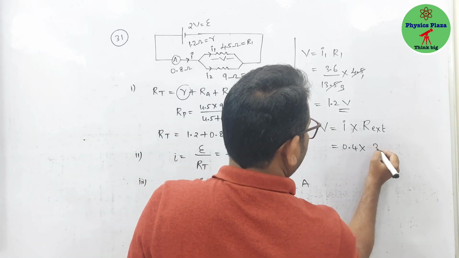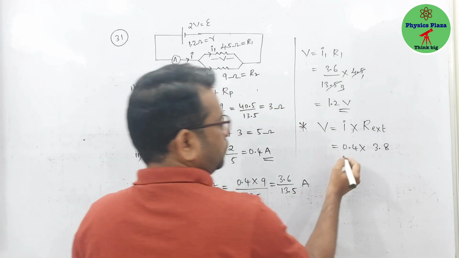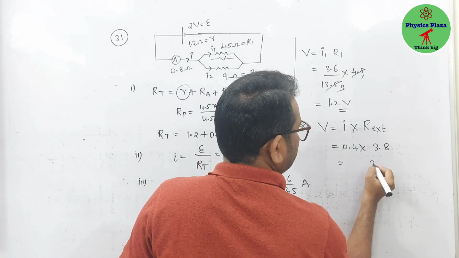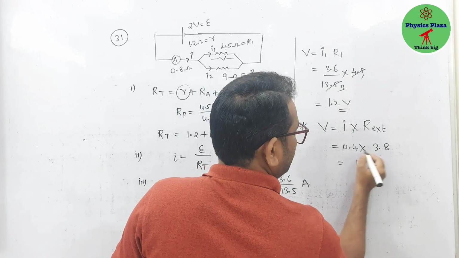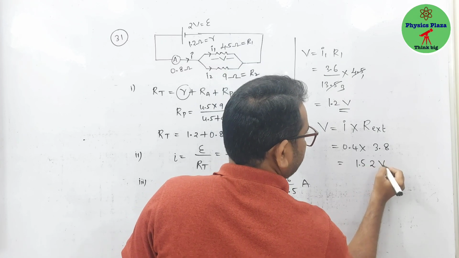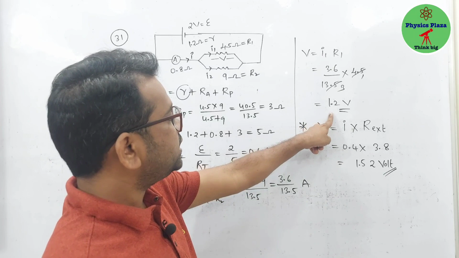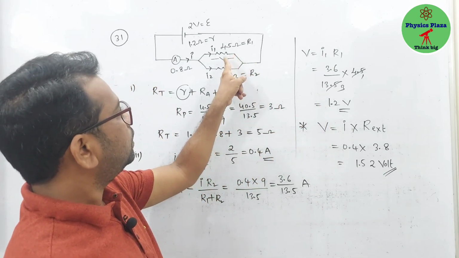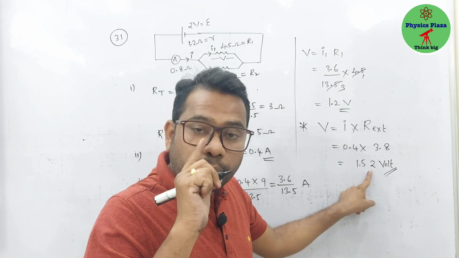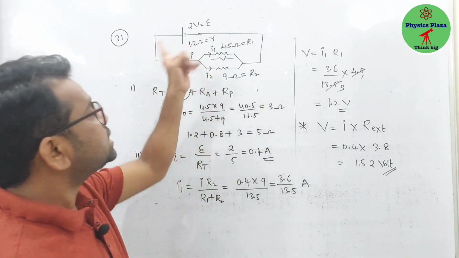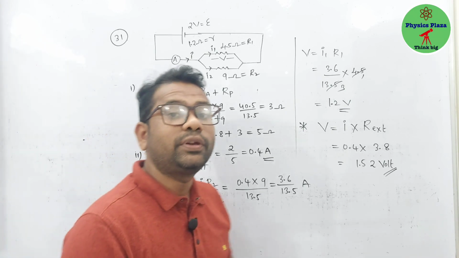It is 3.8. So 4 8s are 32, 4 3s are 12, plus 3 is 15. So 1.52 volt. Is that clear? So try to understand. This is the potential difference across this 4.5 ohm resistor, whereas this 1.52 volt is what we call the potential difference across the terminals of the cell. Clear? Okay.